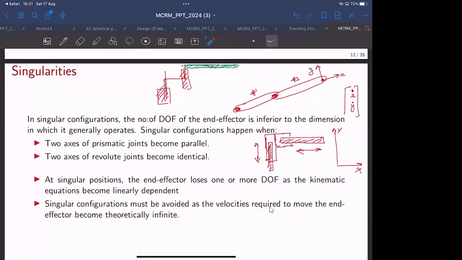Because you can see it for yourself: if you fully stretch your arm and want to move it parallel to the axis of the arm, you would need a huge amount of force. So that is also similar in this case, and typically those configurations are to be avoided. So that is how you use this analysis on singularities.